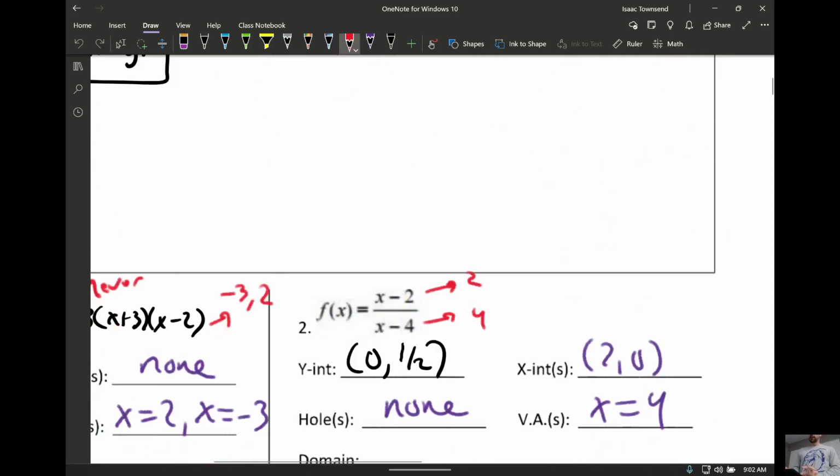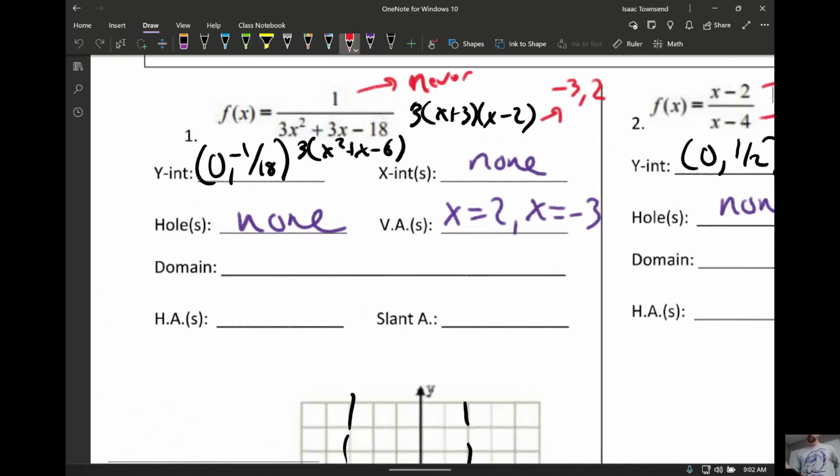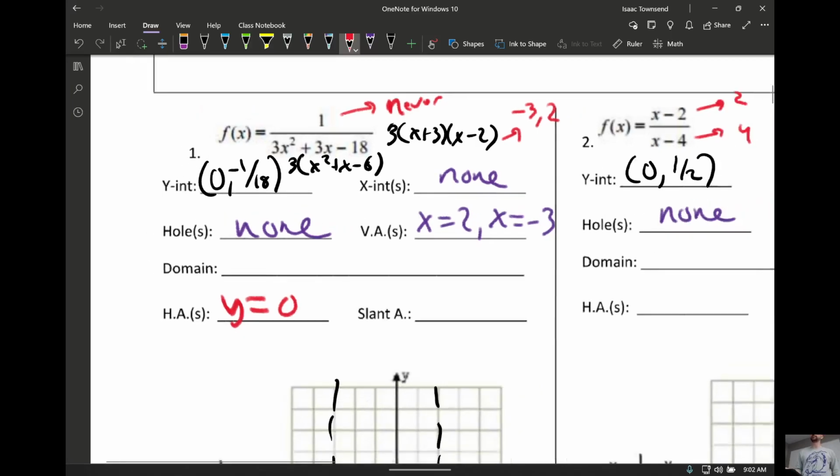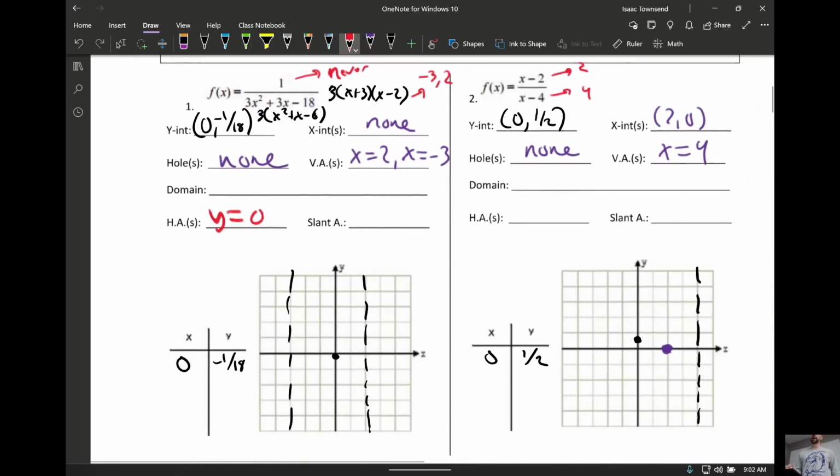Okay, so question 1. The degree of the numerator is 0 because there's no x's. The degree of the denominator is 2. Since the degree of the denominator is bigger, it has a horizontal asymptote at y equals 0. A horizontal asymptote is an asymptote, which means we should graph it as a dashed line. It helps us get our graph.